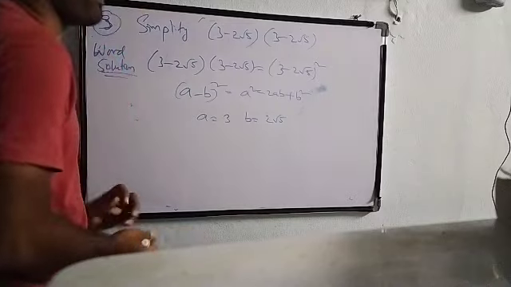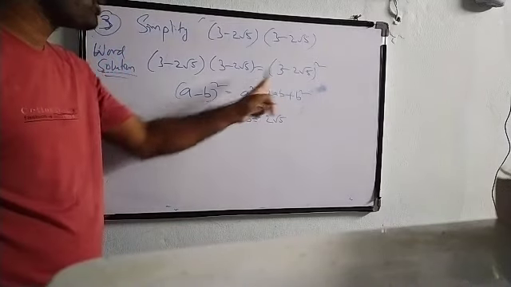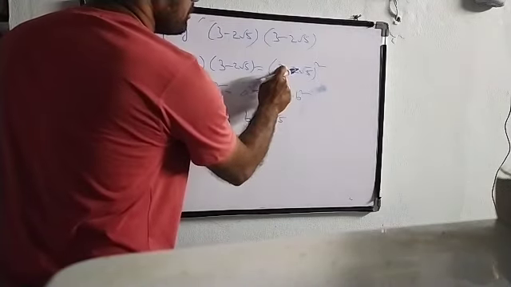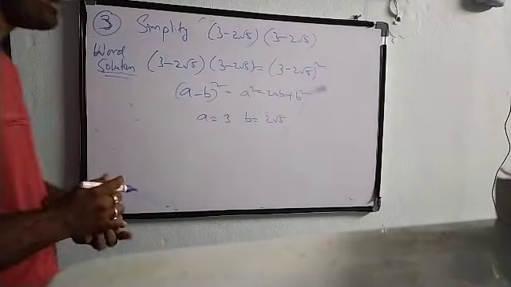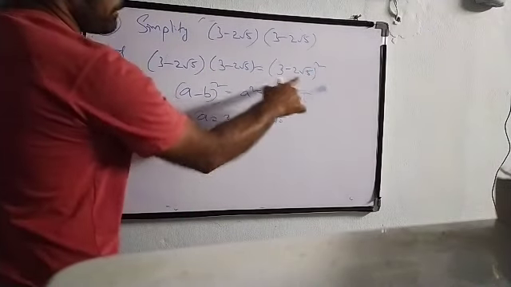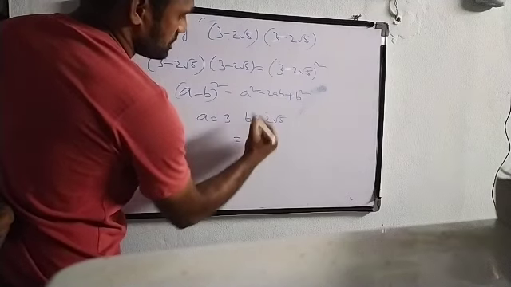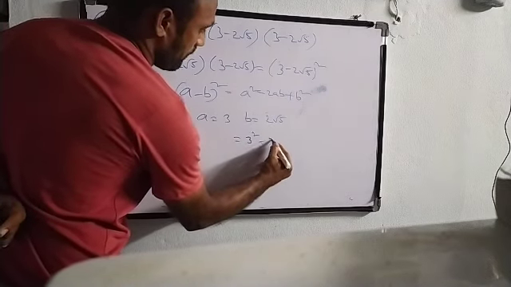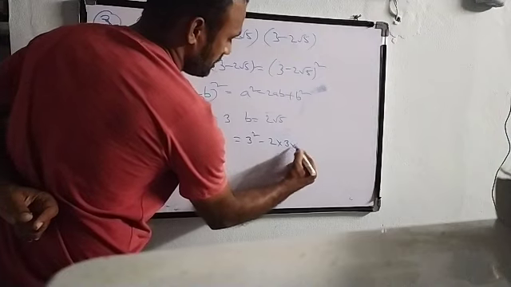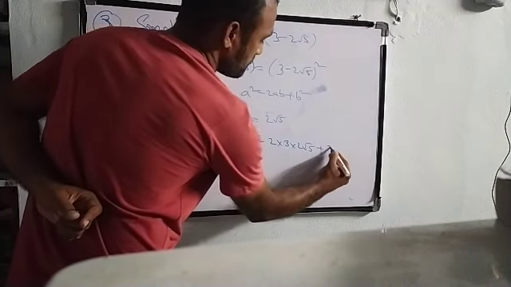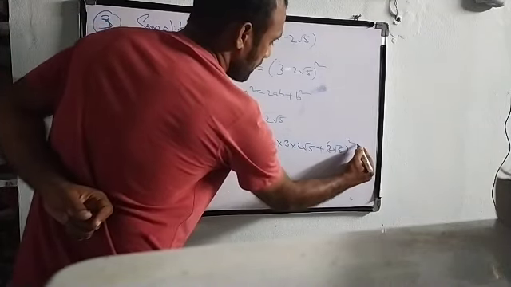Make sure that it is not minus 2 root 5. Minus will be included in the formula. So a value is 3, b value is 2 root 5. So it will be a square minus 2ab plus b square. That is 3 square minus 2 into a into b plus b square, which is (2 root 5) whole square.